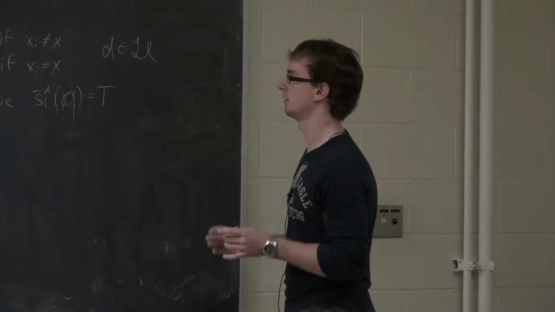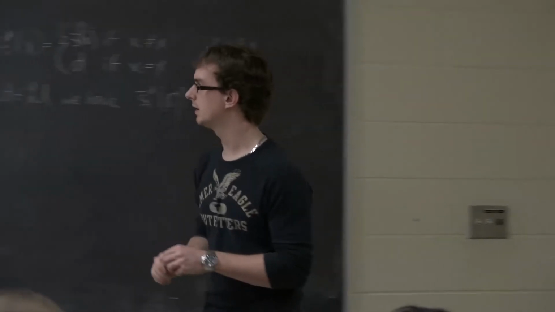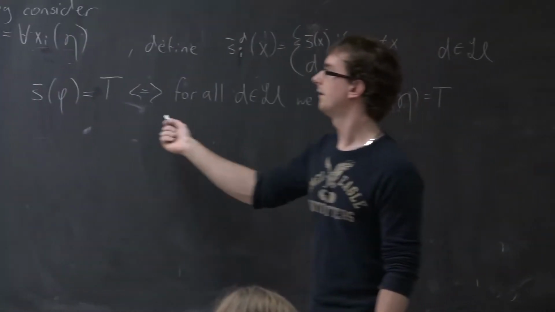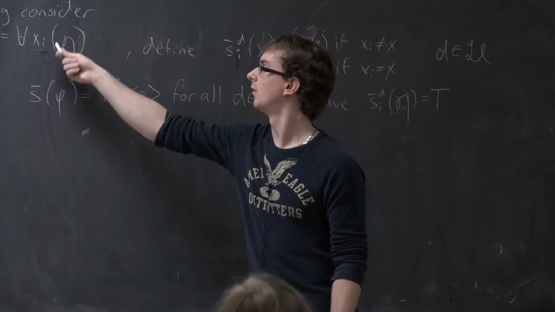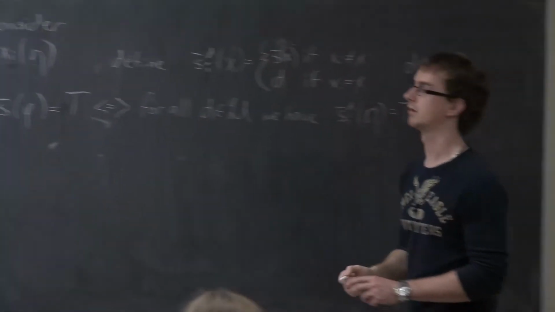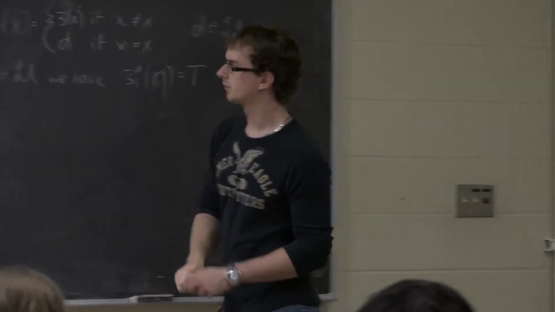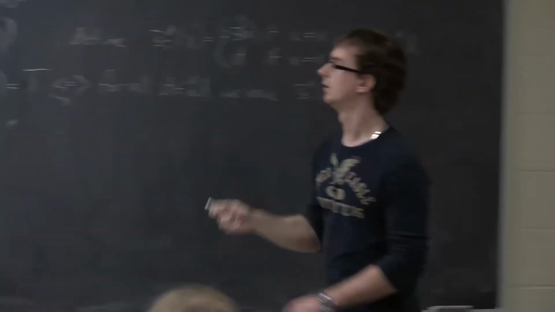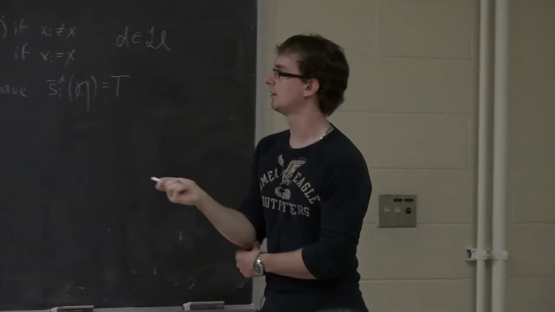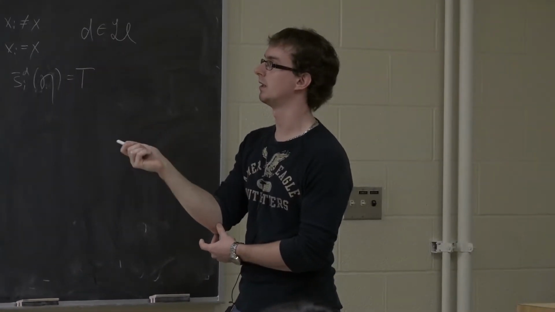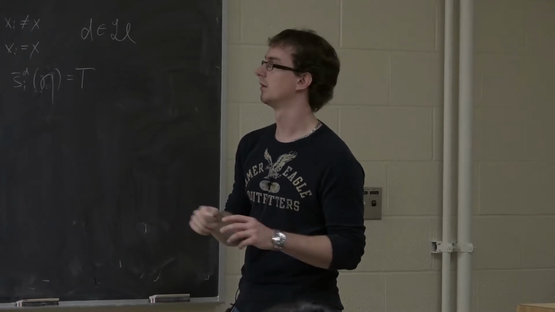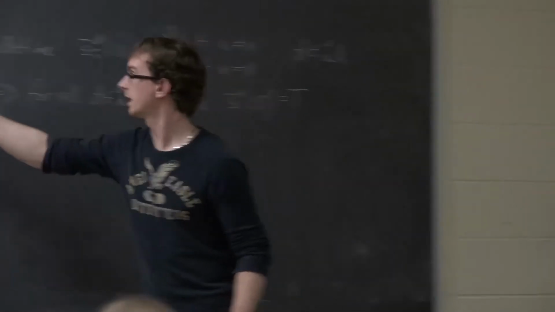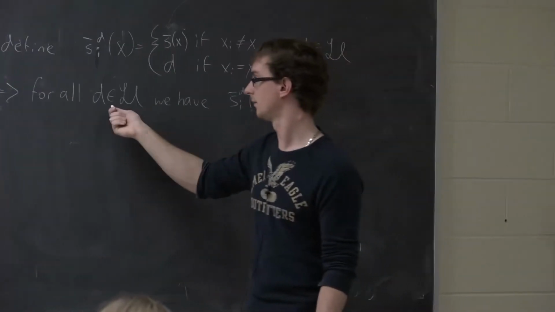We want the truth value of phi to be true if and only if it's true for all of these etas. But the problem is we don't know the contents of eta. So to evaluate the truth of eta under each one of these possible elements in our domain, xi can be anything in our domain.